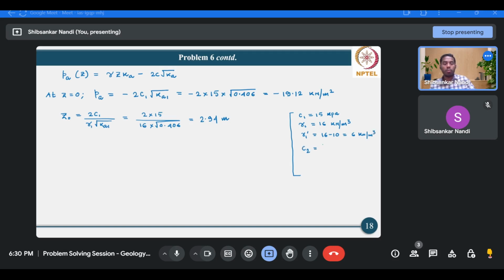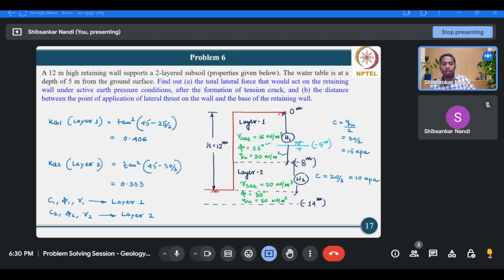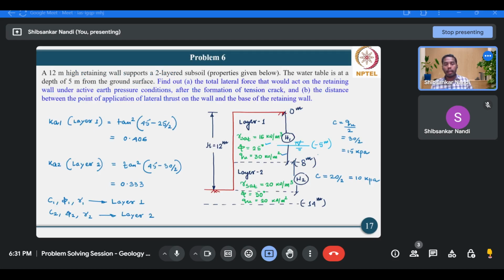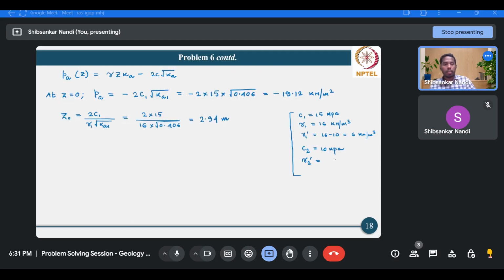Then c2 value is 10 kPa and gamma 2 prime, only gamma 2 prime, because the entire layer 2 is under the water table. So it will be 20 minus 10, that is 10 kilonewton per meter cube.